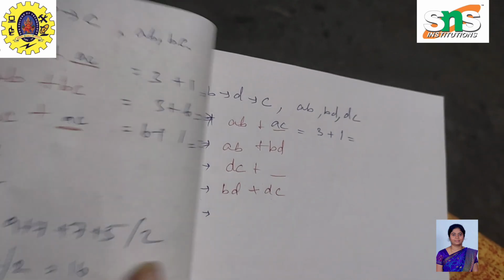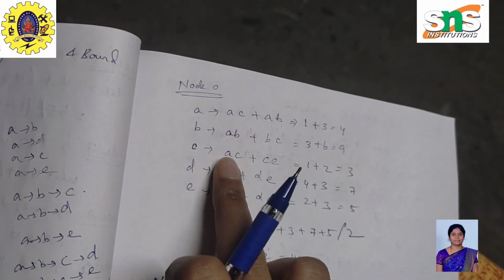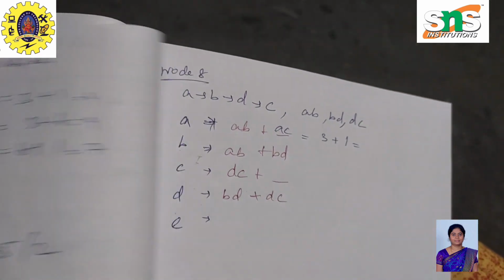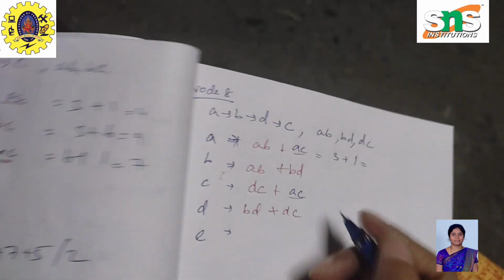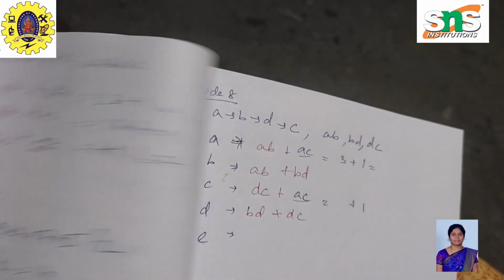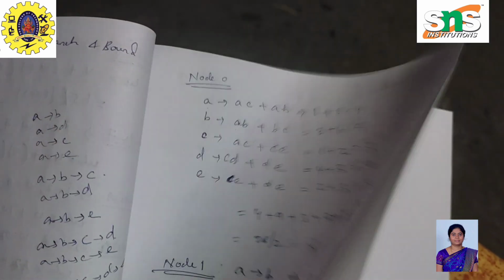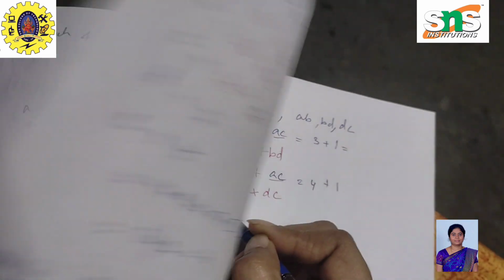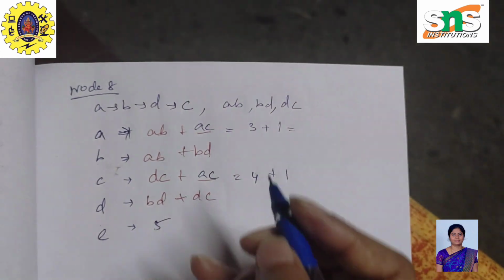And then for C and D, AC is the minimum value. Next minimum value is AC. So AC value is 1 and DC value is 4. So E value is 5. So we are supposed to substitute.